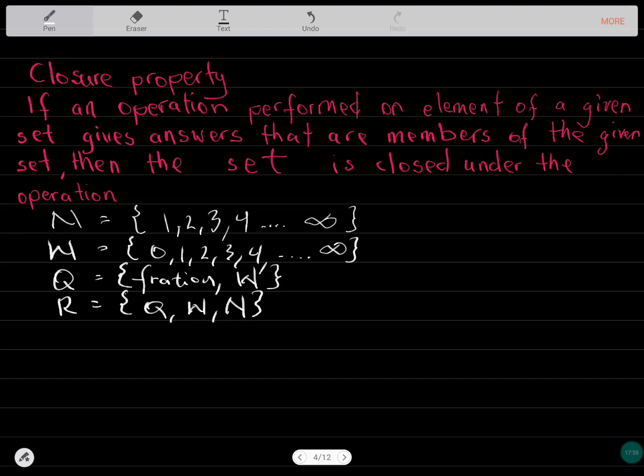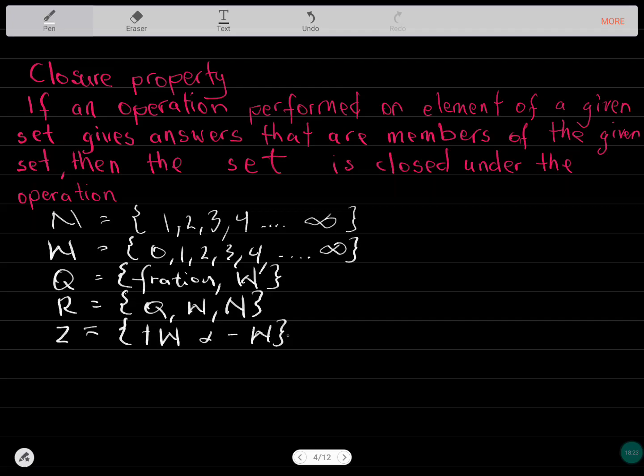And then we also have irrational numbers, integers, and so on. So I'll end with integers here. Integers are all positive whole numbers and negative whole numbers.